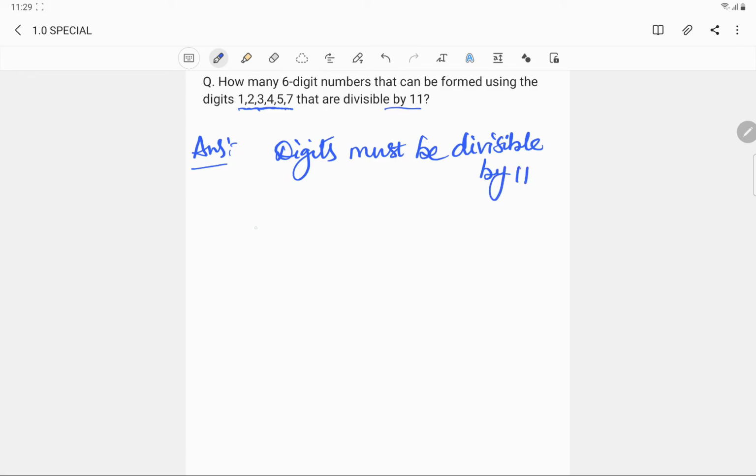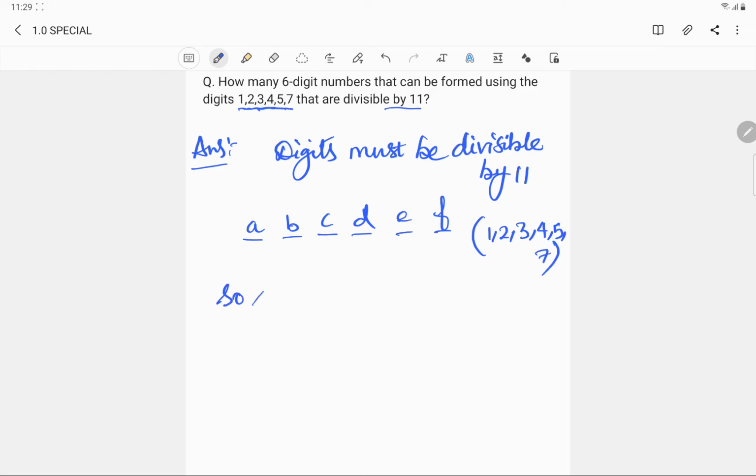So the 6-digit number would be A, B, C, D, E and F. We need to form the 6-digit numbers using the digits 1, 2, 3, 4, 5 and 7.